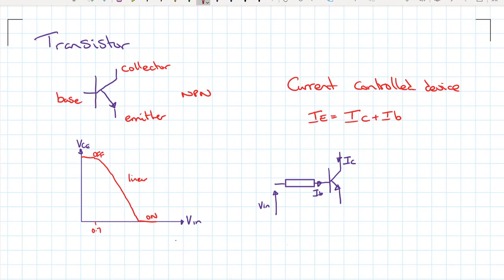And at this point here we say it's just saturated, so it's just fully turned on.